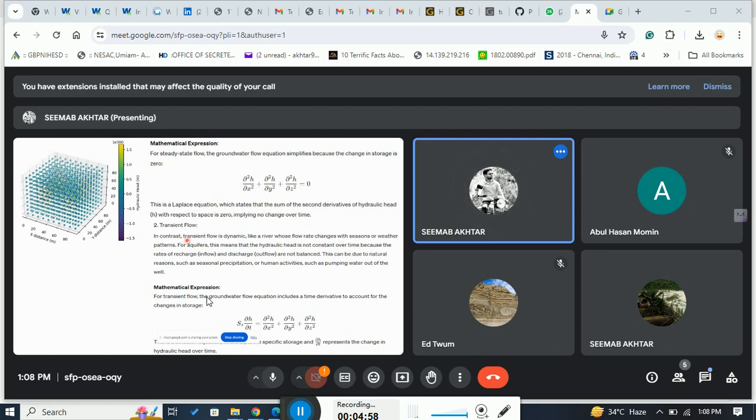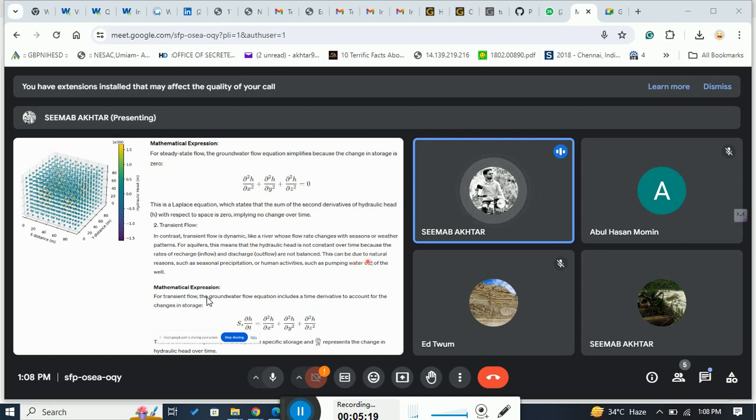Transient flow. In contrast, transient flow is dynamic like a river whose flow rate changes with seasons or weather patterns. For an aquifer, this means that the hydraulic head is not constant over time because the rate of recharge inflow and discharge outflow are not balanced.